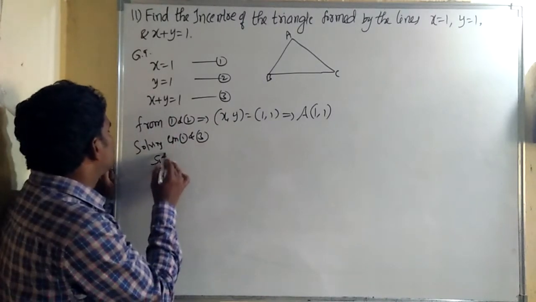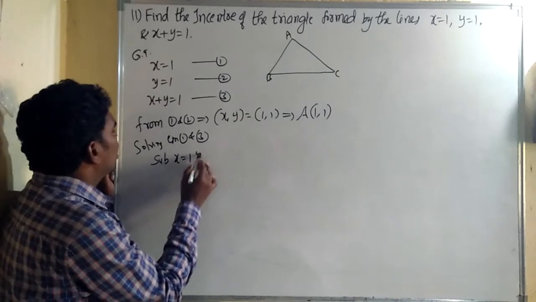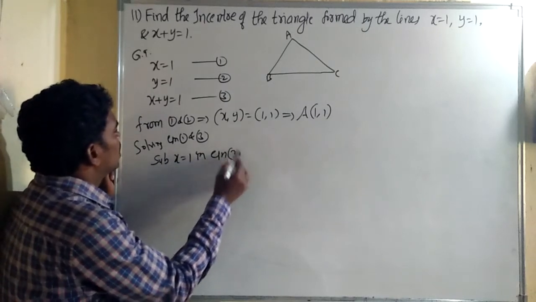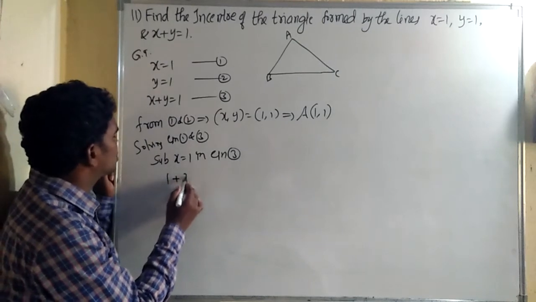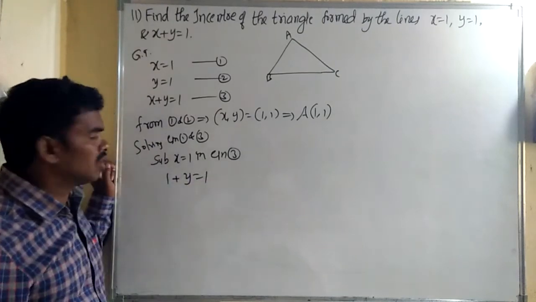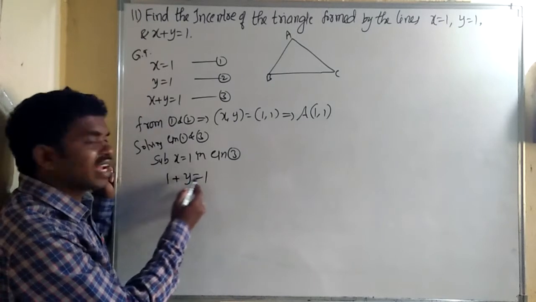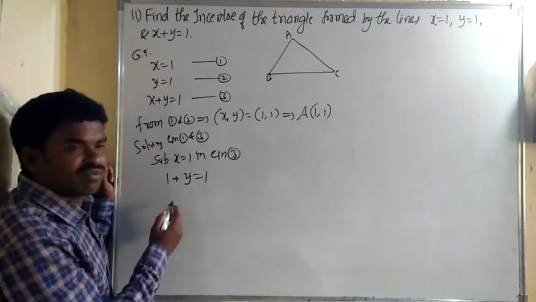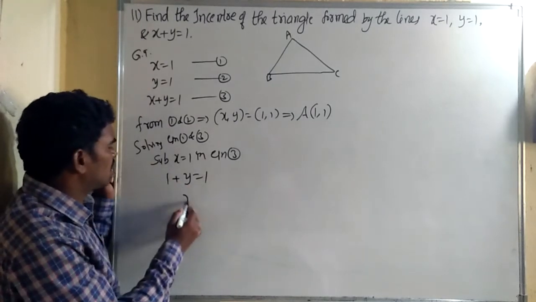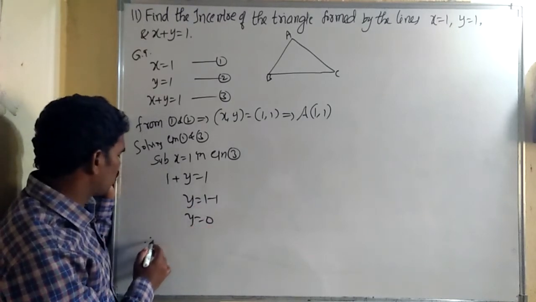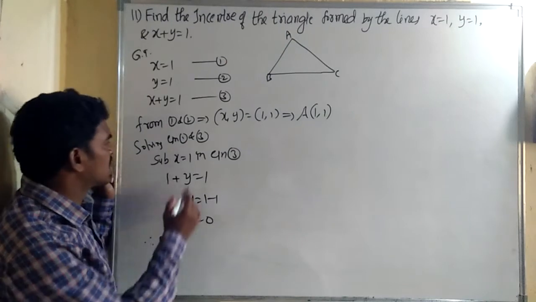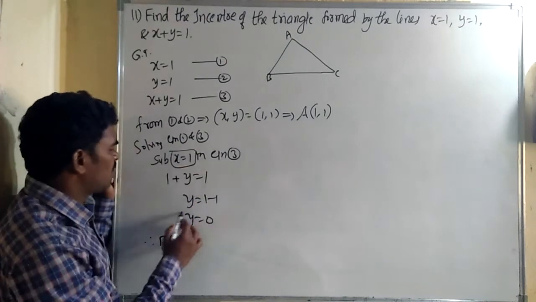Equation 3 is x plus y equal to 1, so 1 plus y equal to 1, then y equal to 1 minus 1, y equal to 0. Therefore the vertex has x value 1 and y value 0.